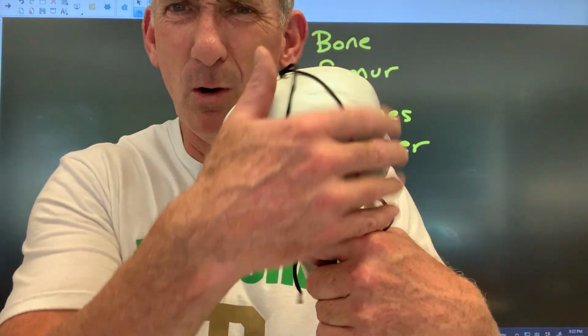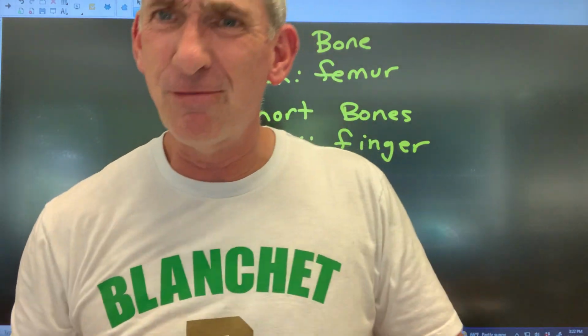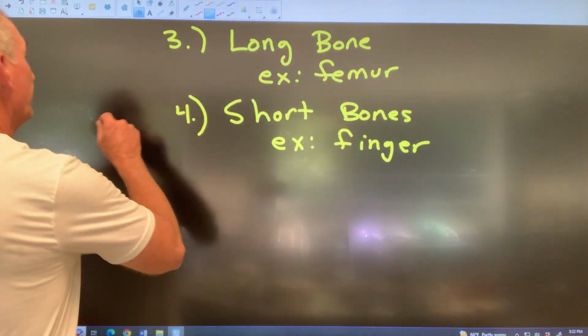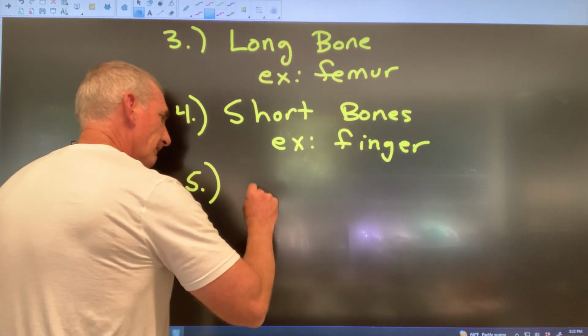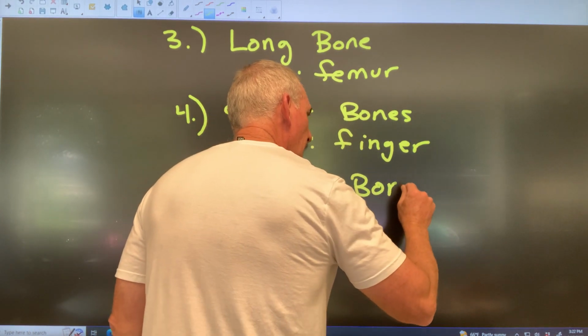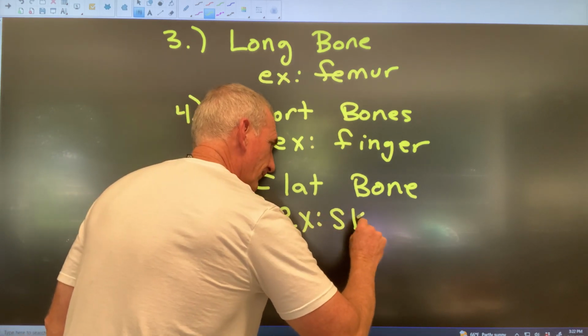What kind of bone is this? Yeah. It is. It's kind of flat. Perfect. Flat bone. Good, Molly. Example is the skull.